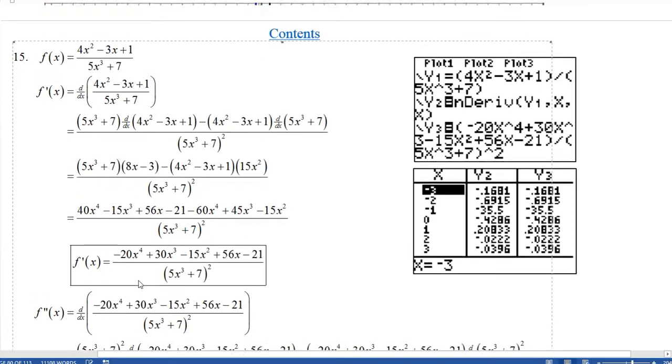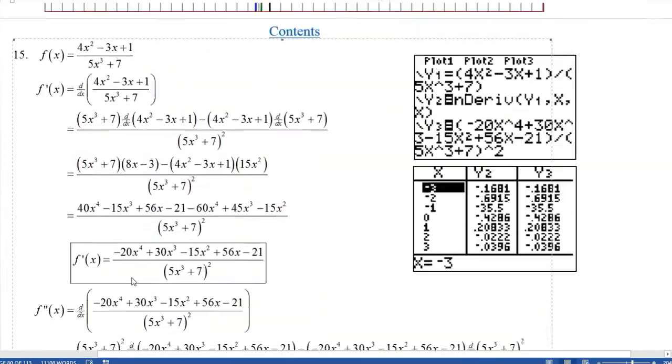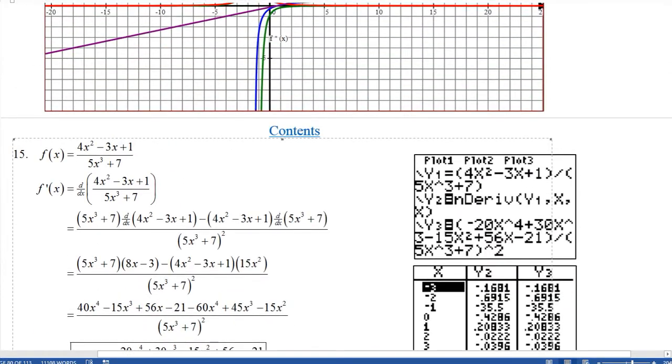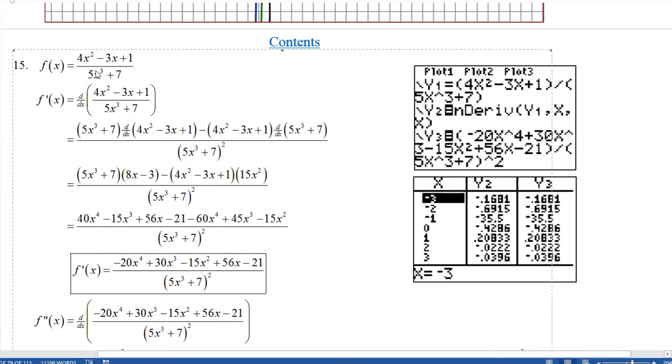Now let's analyze these graphs just a little bit. So let's see, that was our check. Okay, so we go back up here, look at the original function. Notice that if x is the cube root of negative 7/5, or the opposite of the cube root of 7/5, that's going to be where this one is undefined, which is going to be a vertical asymptote.